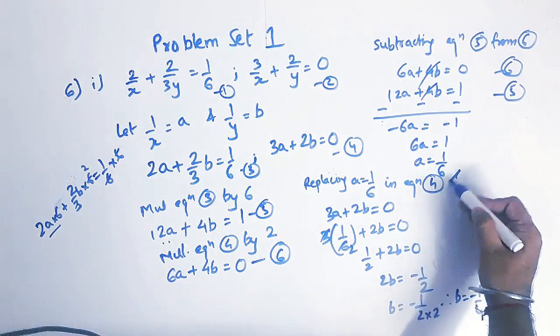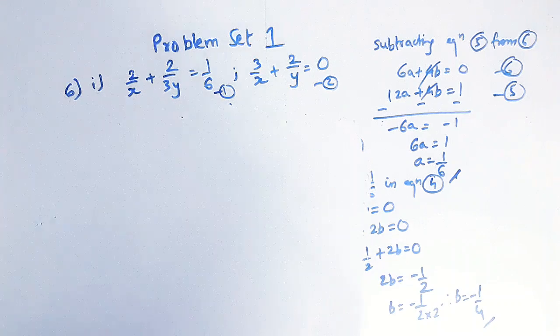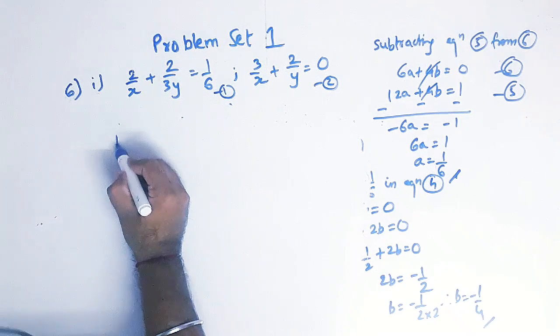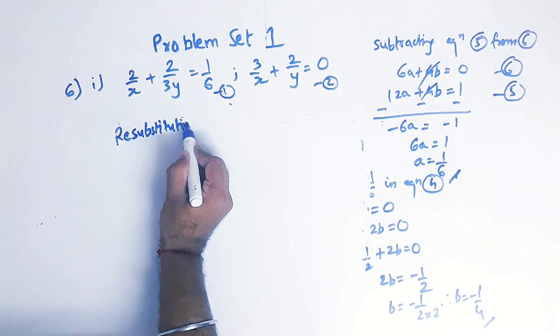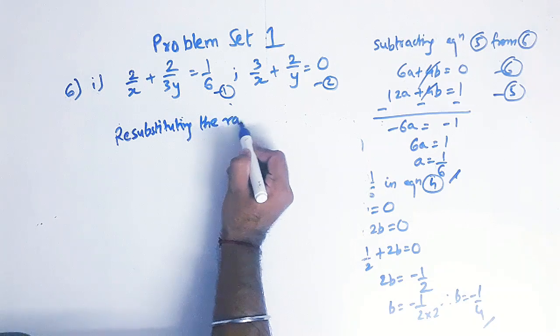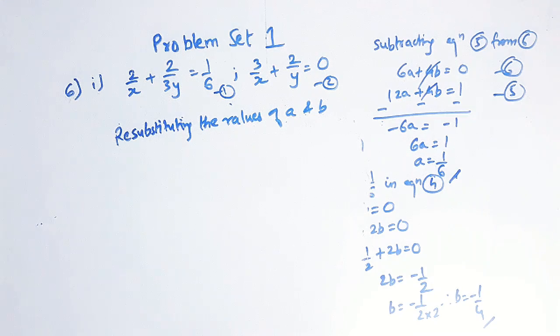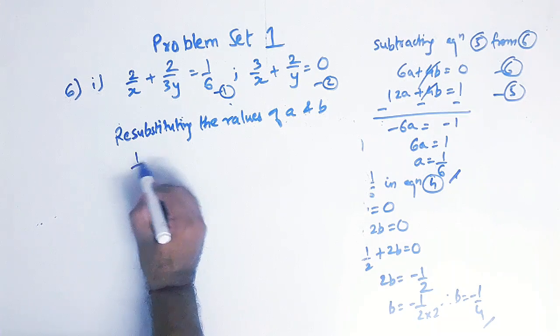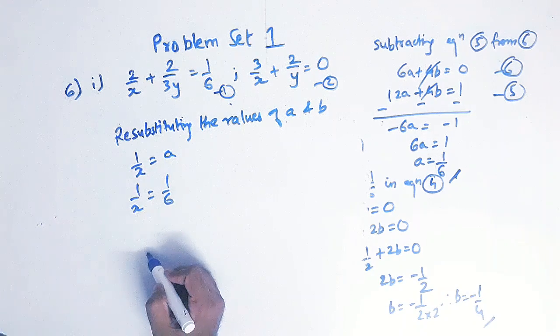Now, you got the value of a, you got the value of b. Students, a very important step here is resubstituting the values. So we'll resubstitute the values of a and b. We took 1 upon x is equal to a, so I'll write 1 upon x is equal to 1 upon 6.